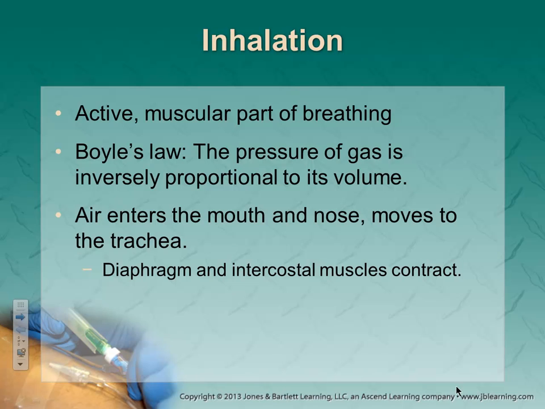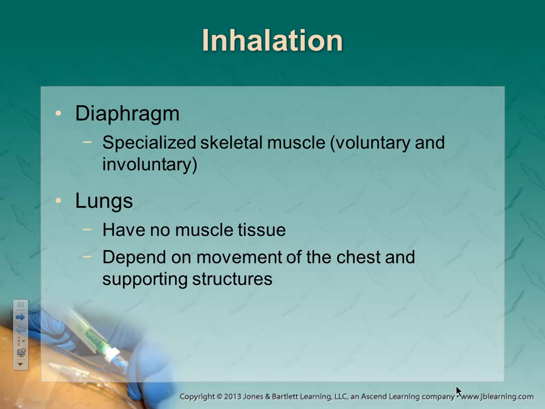For this process of inhalation to occur, we're going to have the diaphragm and the intercostal muscles contract and bring in the air by the process of negative pressure, right? We've talked about the diaphragm. The lungs, they have no muscle tissue, so they have to depend on the other muscles to help them contract, okay?